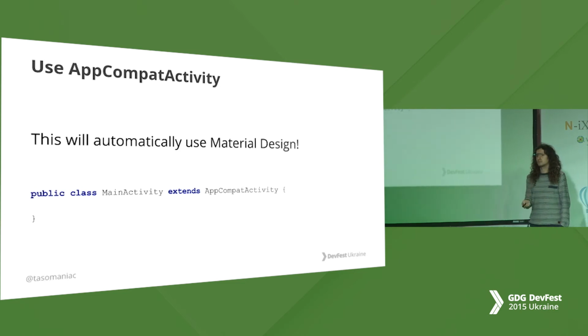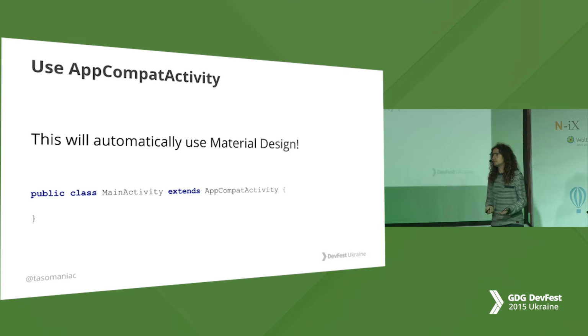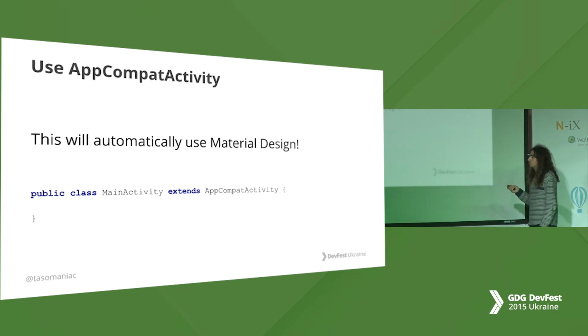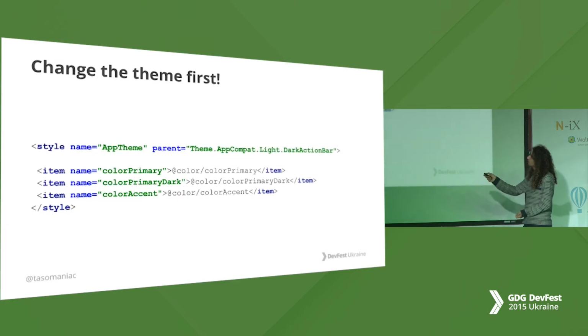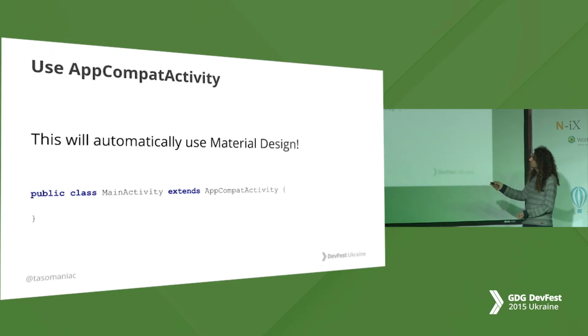And I should open my activities, and I should extend from Appcompat activity. When you create a new application inside Android Studio, this comes by default actually. But for your old applications, you have to do this, and you have to parent from Appcompat themes when you use Appcompat activity.